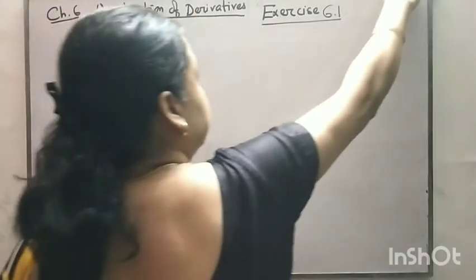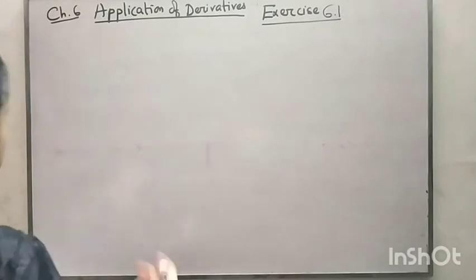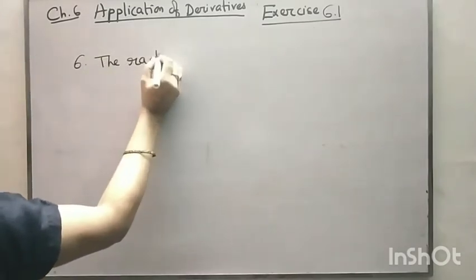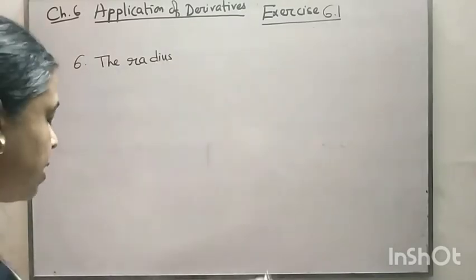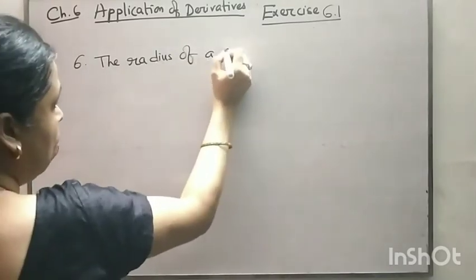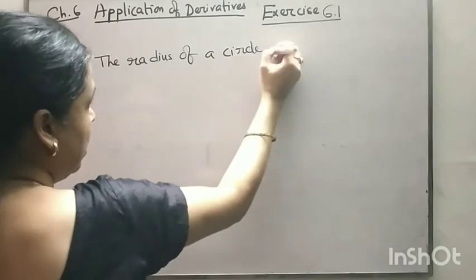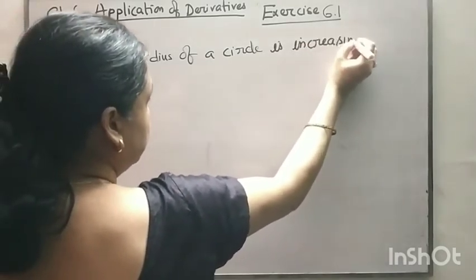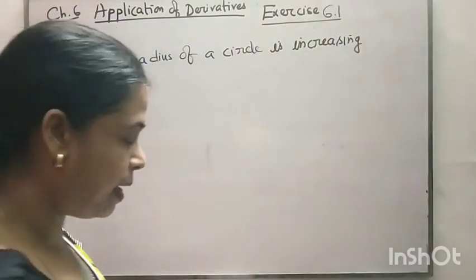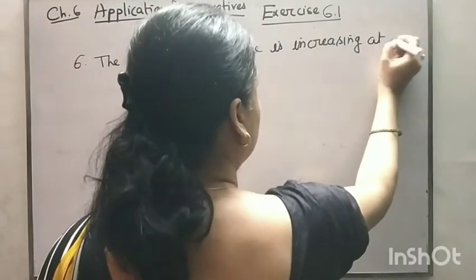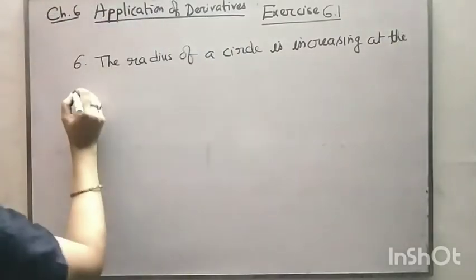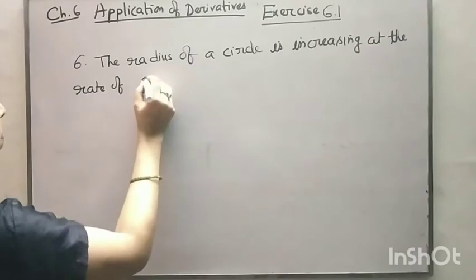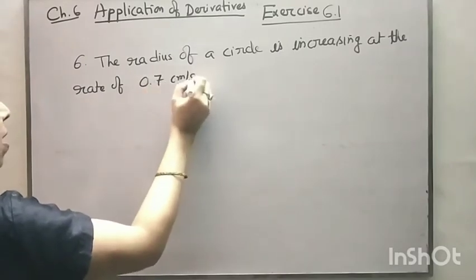Your question number 6 is: the radius of a circle is increasing at the rate of 0.7 centimeter per second.